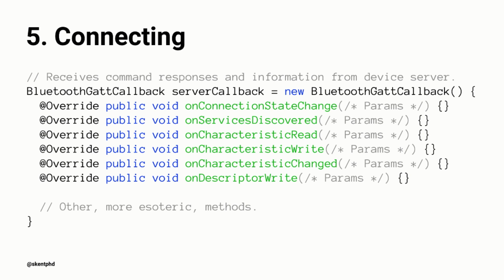And then the rest of these, onCharacteristicRead, onCharacteristicWrite, and onCharacteristicChanged, all refer to the values of your characteristics being manipulated in some way. And onDescriptorWrite is going to be called whenever you've requested that some metadata on your characteristic be changed. And then there are a bunch more methods that you don't need to know about unless you're doing something really custom, so I'm not going to talk about them. Just know that they're there if you need them.